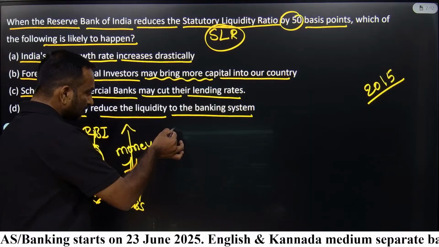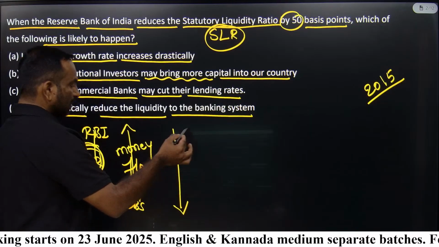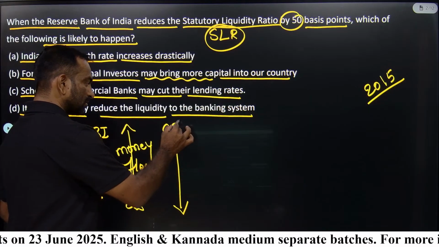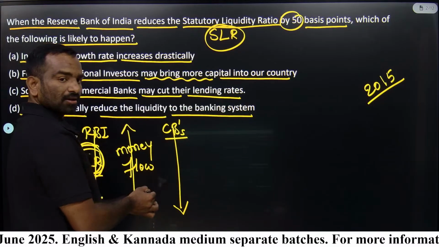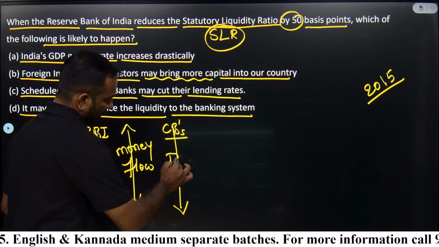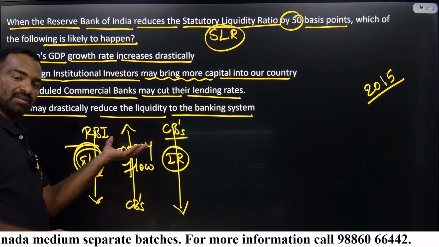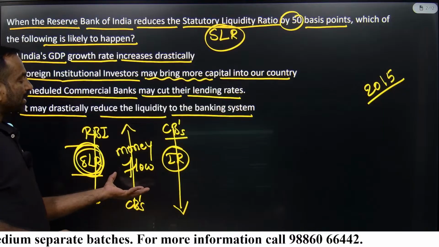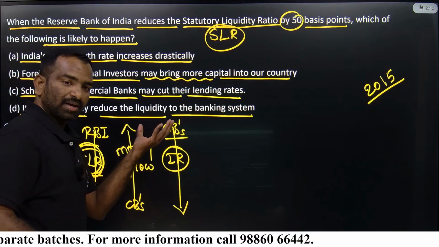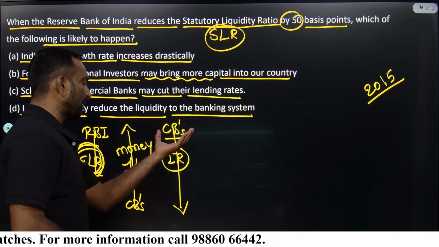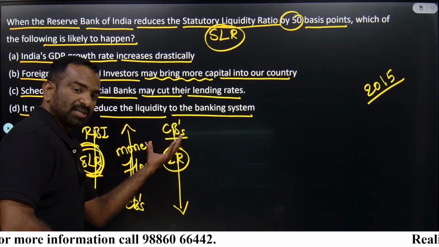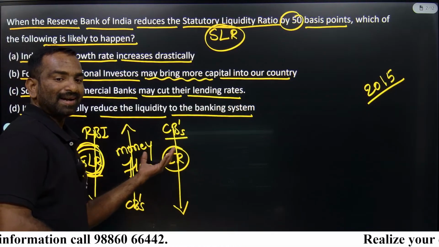At the same time, commercial banks cut down their interest rates. Why? Because the money flow will increase in the commercial banks. When the money flow increases, commercial banks reduce or cut down their interest rate or their lending rates.